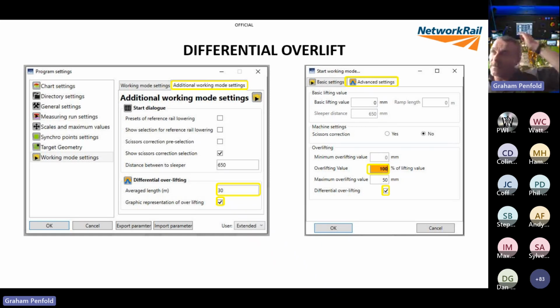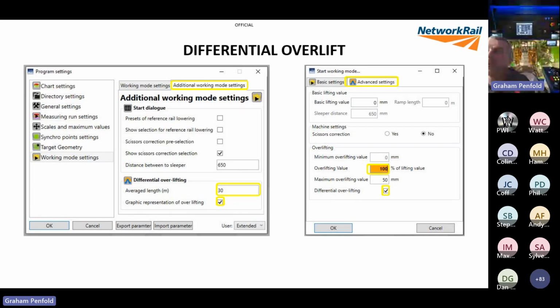There's basic and advanced settings, so you click on additional work mode settings, and then go into differential overlifting. As you can see at the bottom, the average is 30. You can change that to 20 maybe, and if you click the graphic representation of overlift, it also puts a graphic representation of the overlift in work mode, which I'll show you shortly.